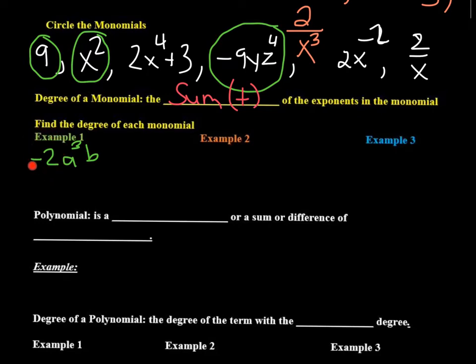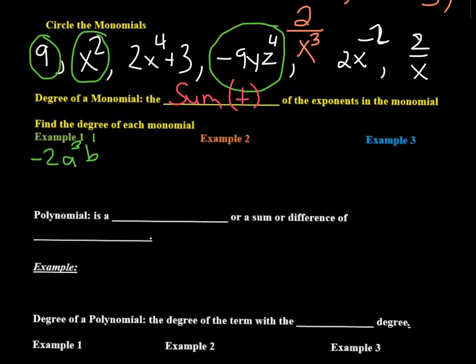When we talk about a monomial, we're not going to look at the constant or that number. We will only look at the variables. So in this case, we have a power of 3 with the a, and the b is raised to a power of 1. So it's always to a power of 1 if there's nothing in that power section.